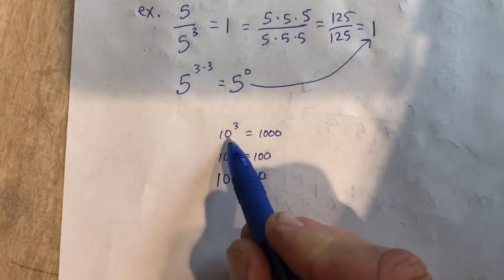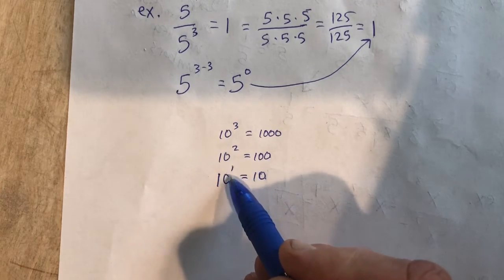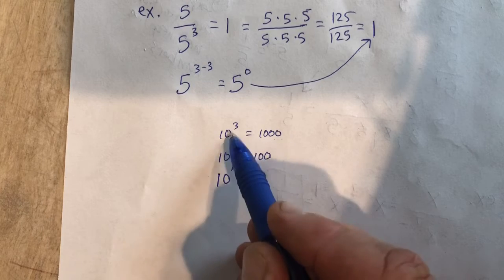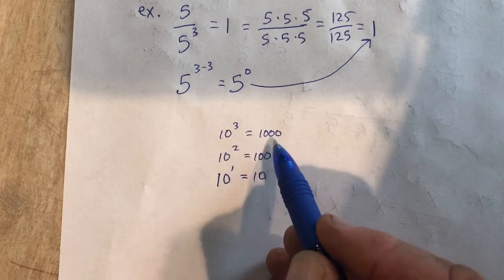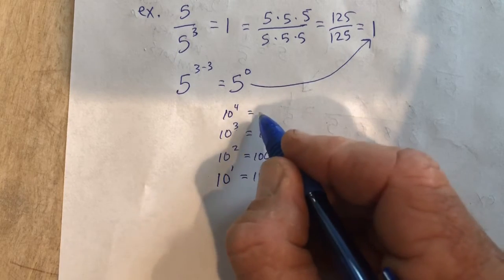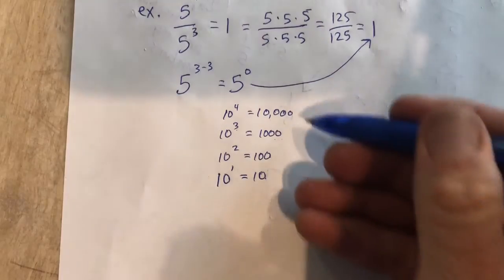And you guys get the idea. And the neat thing about powers of 10 is that the number of zeros in the standard form goes right along with the exponent in the exponential form. So 3 zeros, power of 3, so 10 to the 4th power, we could just have a 1 with 4 zeros, 10,000.